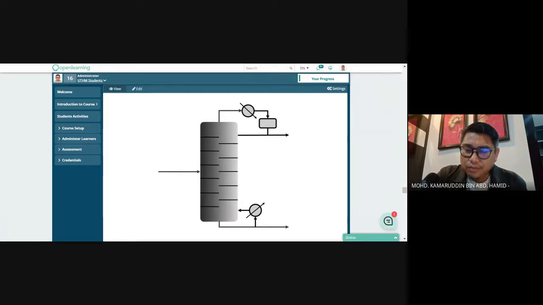That's wrong. Jangan sekali pakai distillation column untuk separate gases. Oxygen, carbon dioxide, carbon monoxide. Okay? Practically, that's wrong. Because you need to do some condensation process there.